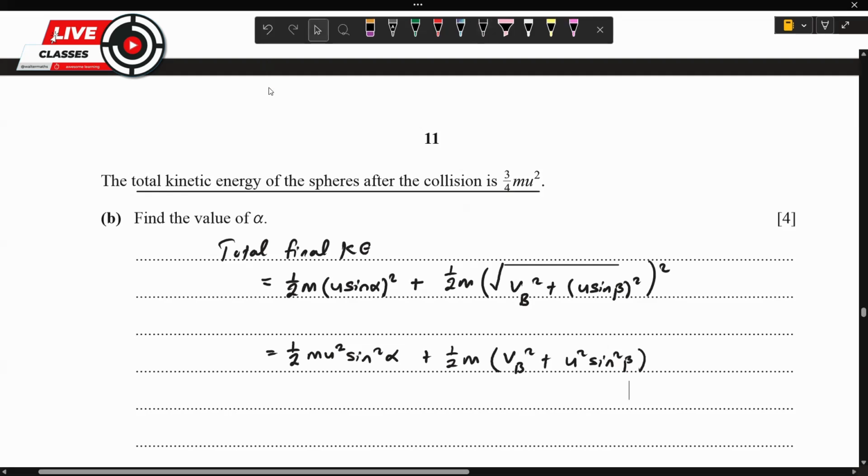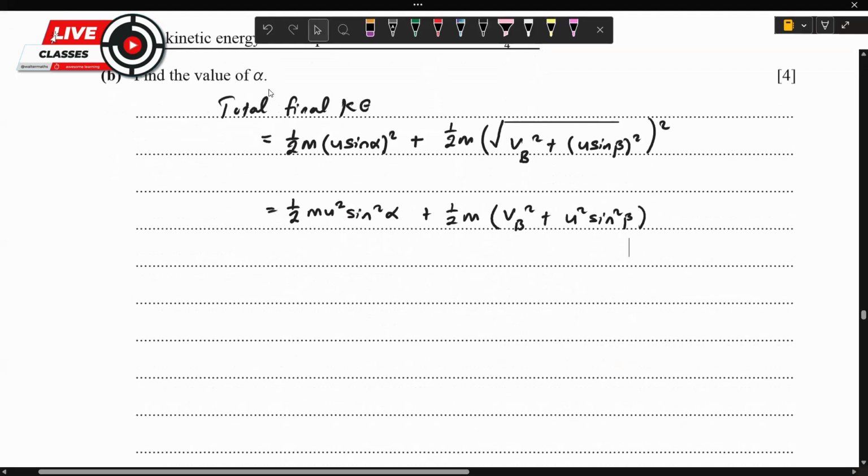So that's what we technically have. And what I'm going to do here is I'm going to factor out half m. So we'll be having u squared sine squared alpha plus VB squared plus u squared sine squared beta.